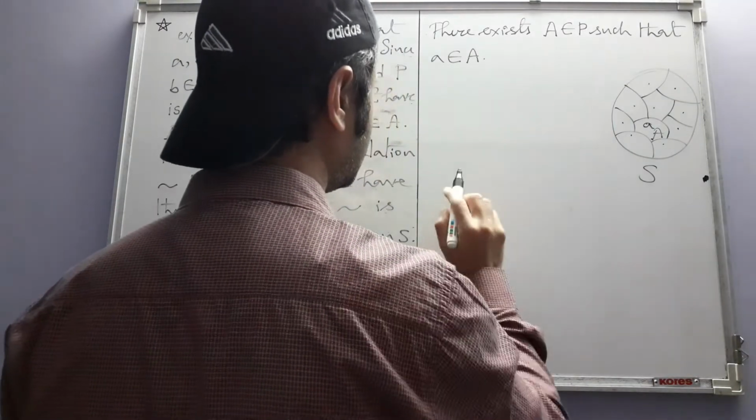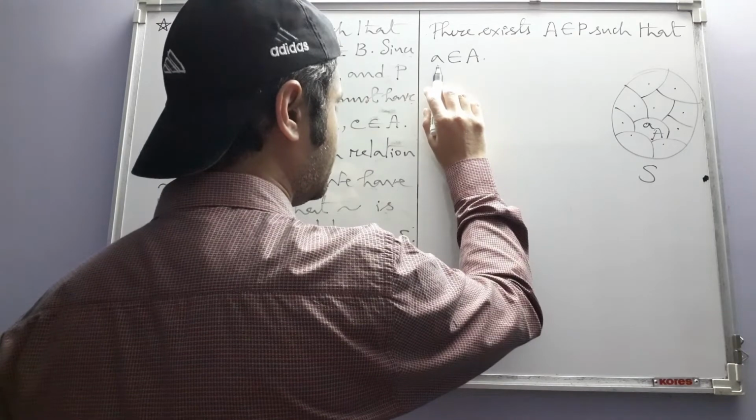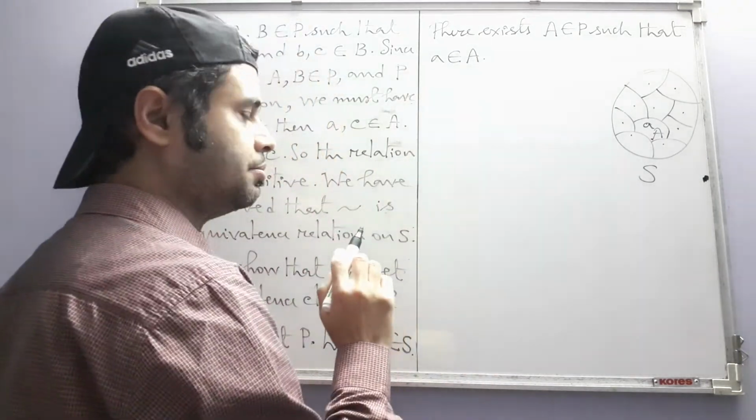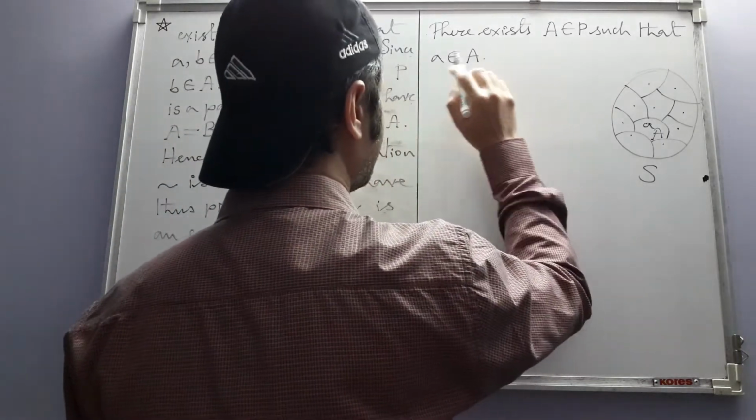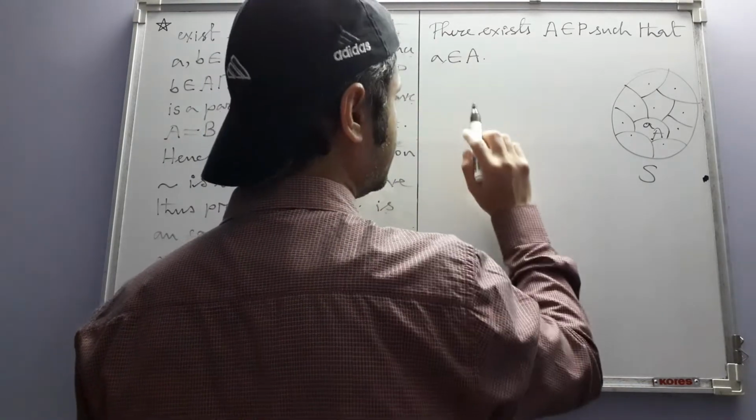Now we want to show that the equivalence class of A is actually equal to capital A. For that, we proceed like this.